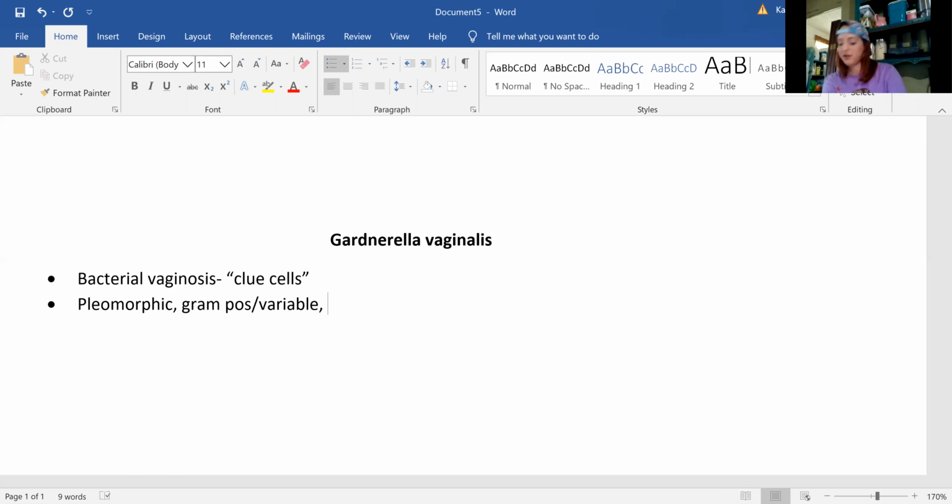So I put gram positive or variable, and I also put negative, which usually if it's variable, it'll show. And then it can either be rods or coccobacilli.